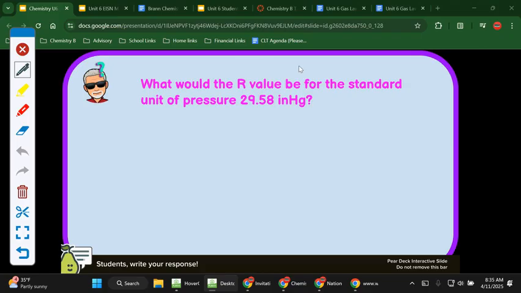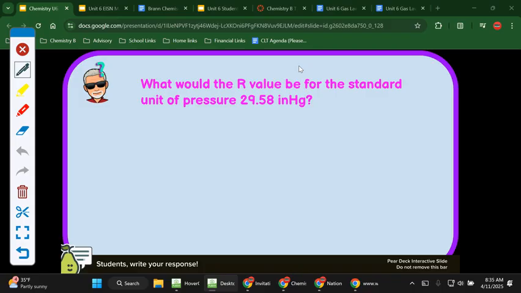All right, Ethan, tell me what formula we are going to use. Tell me what we are solving for.